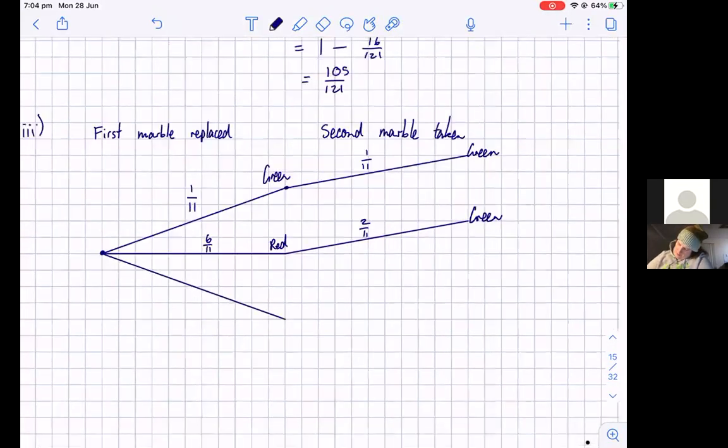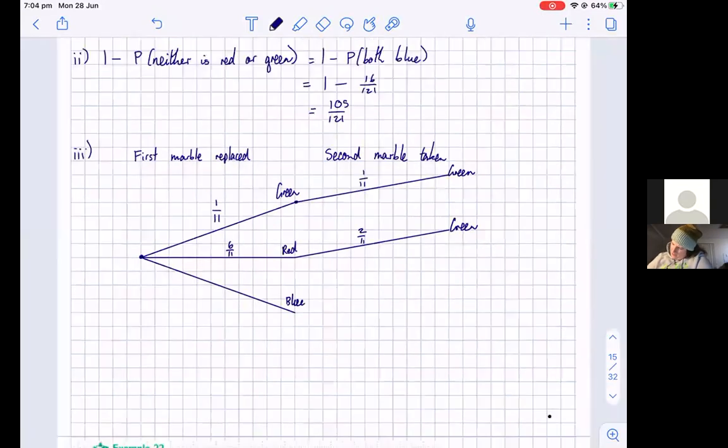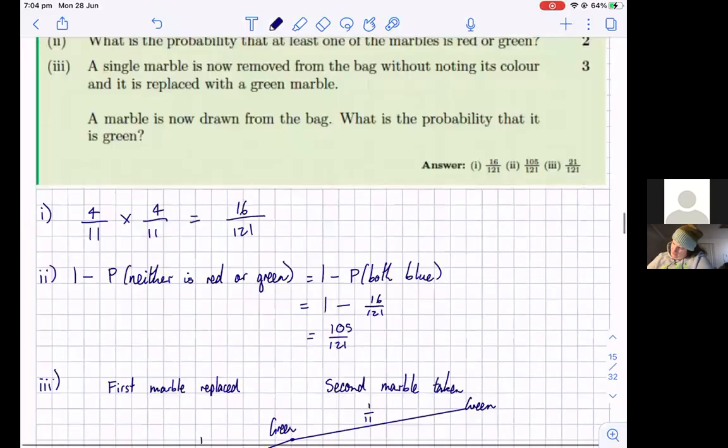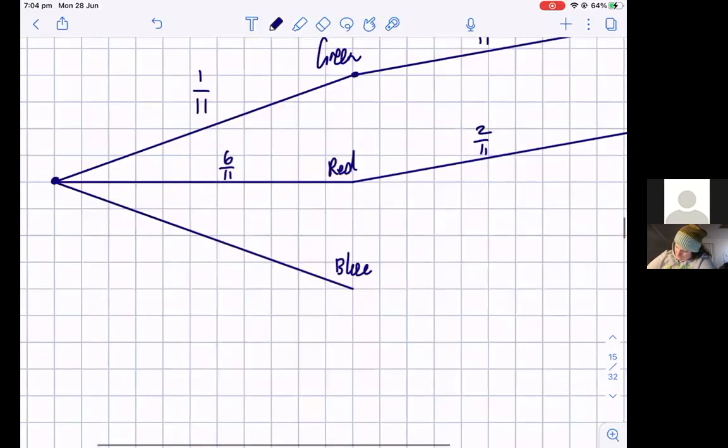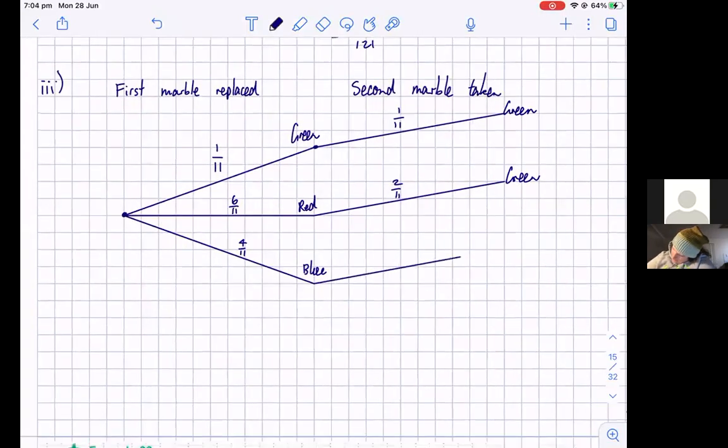And if the first marble they replaced was blue, which was a 4 out of 11 chance, and they've replaced it with a green, then there's now 2 out of the 11 marbles being green.